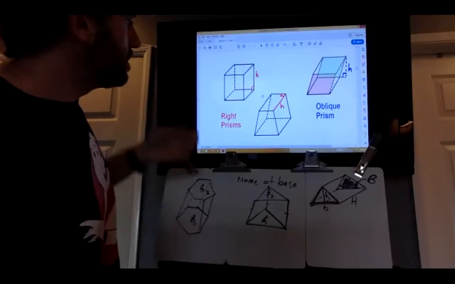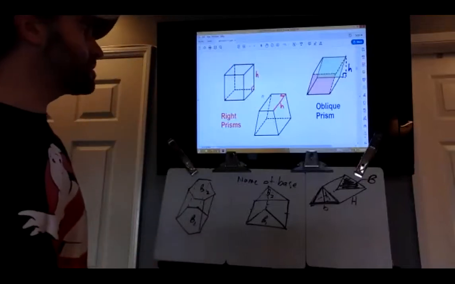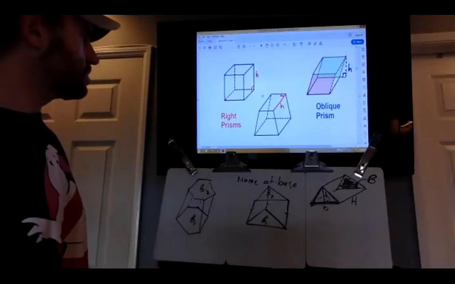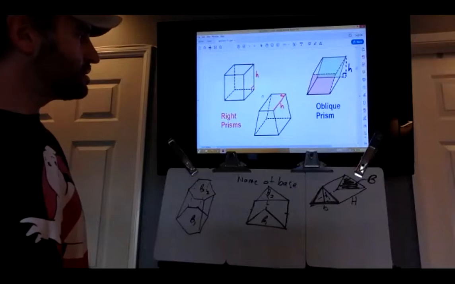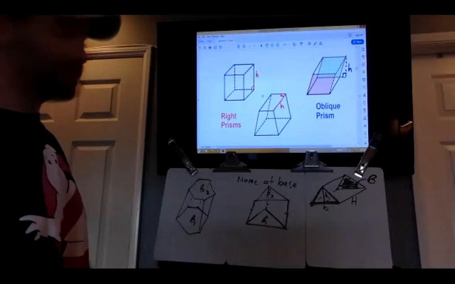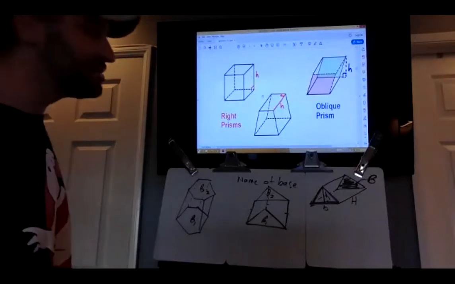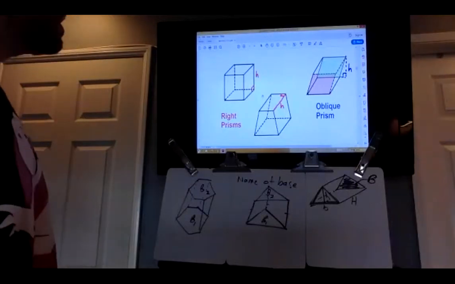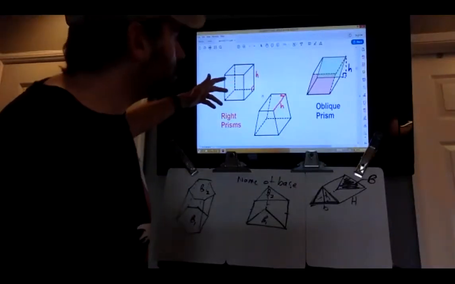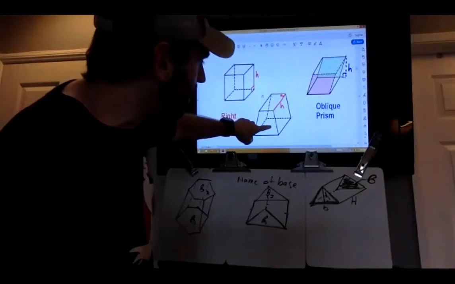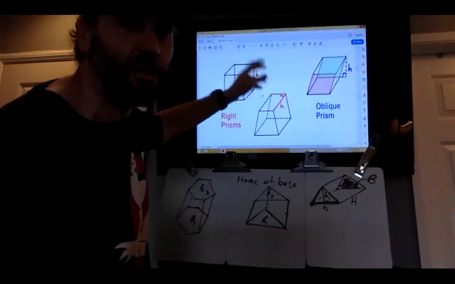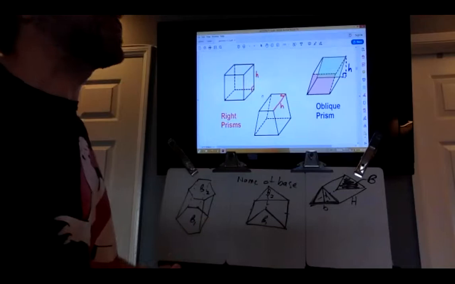Okay? Look at this one. What type of prism is that? That is a trapezoidal prism. So what a student would get wrong here is they would think, oh, that rectangle down there must be the base because it's on the bottom. That's the big misconception.